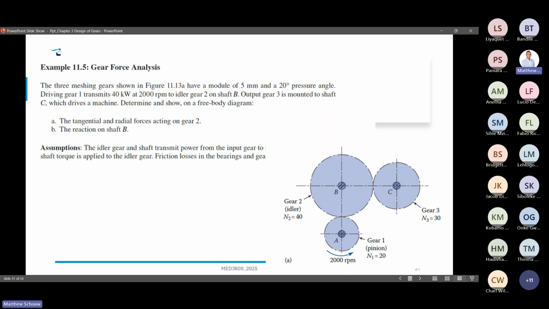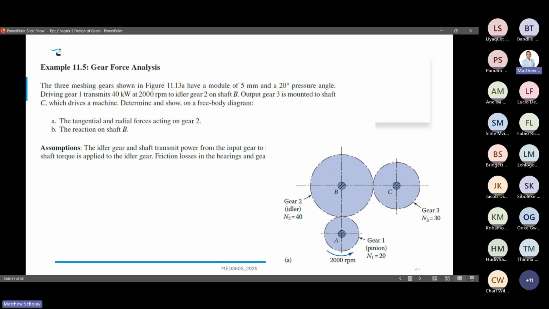They're asking you to determine and show on a free body diagram the tangential forces acting on K2. The main word I'm trying to bring across is 'acting on K2', so don't get confused regarding that.